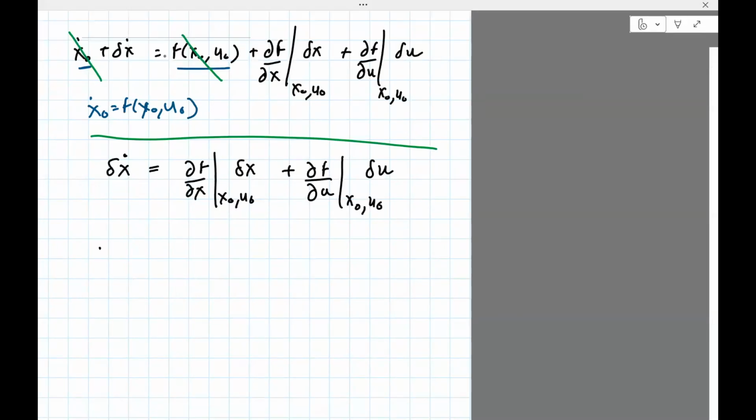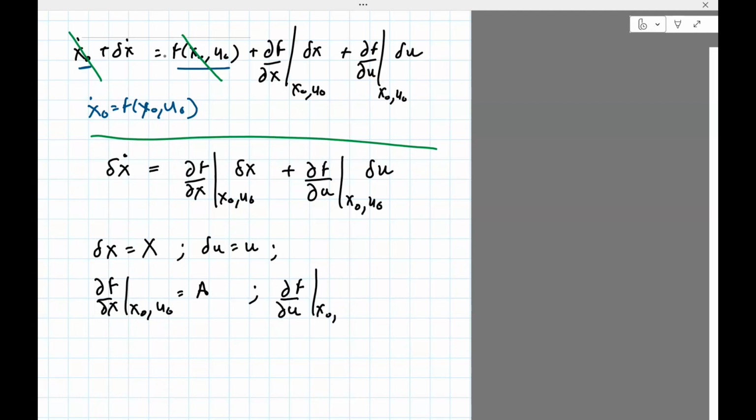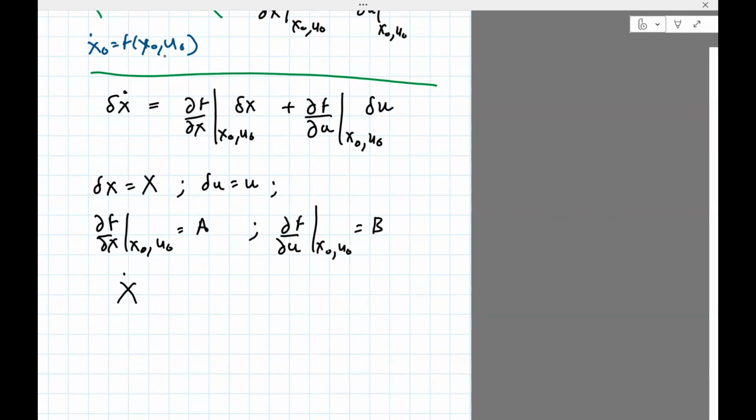And now is the time when I actually get the linearization. So let's say that delta x, that small change, is actually capital X. This delta u is a new u. Then it has to be that df/dx at x0, u0 is A, and then df/du at x0, u0 is B. And so we have x dot equals Ax plus Bu.